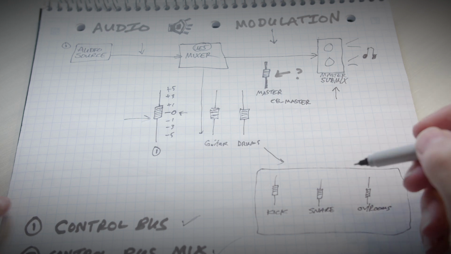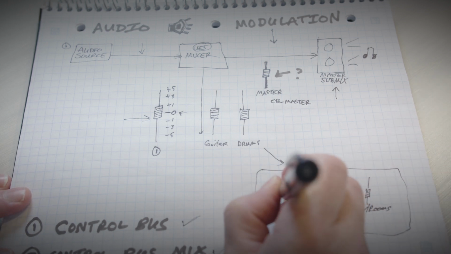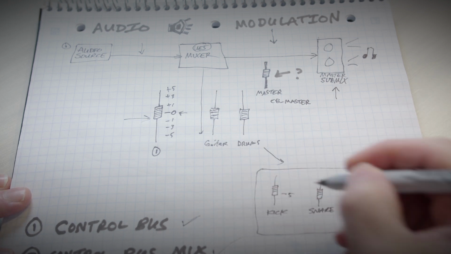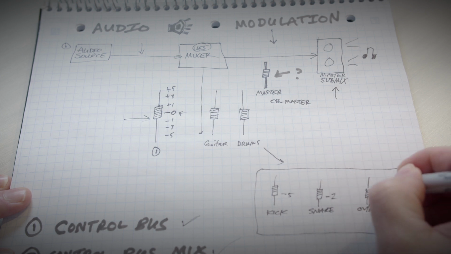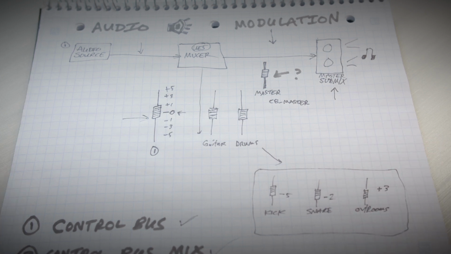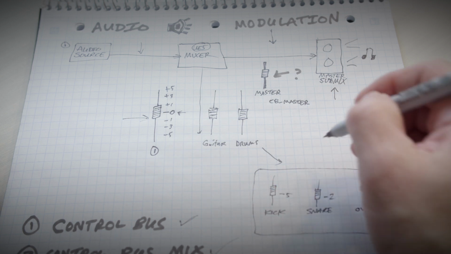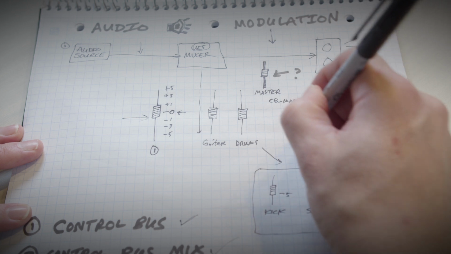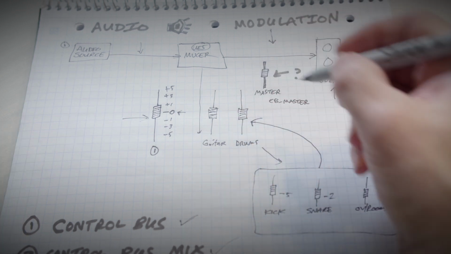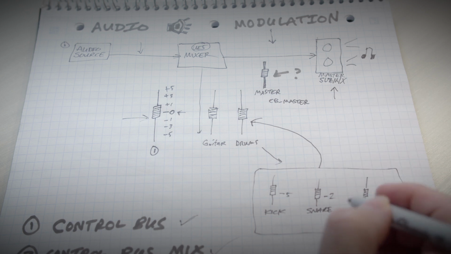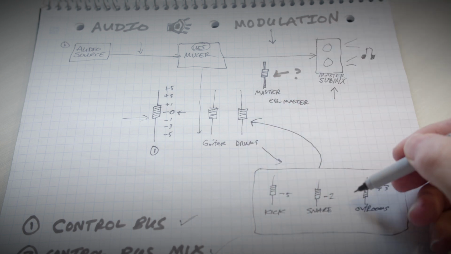physically. In a mixing board, let's say we have the kick at -5, which is a lie because we always make the kick the loudest, but let's say we have the snare at -2, and the overheads at +3. So on a traditional mixing board, these faders would be set appropriately. And then all of these would go into our drums bus, and that drum bus would then relatively become a submixer of these channels.